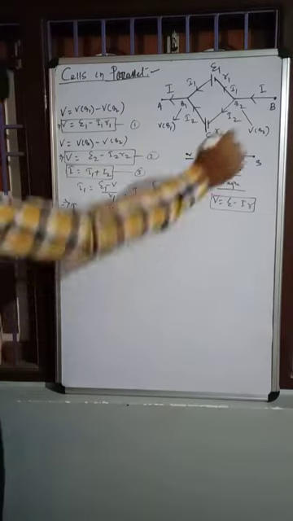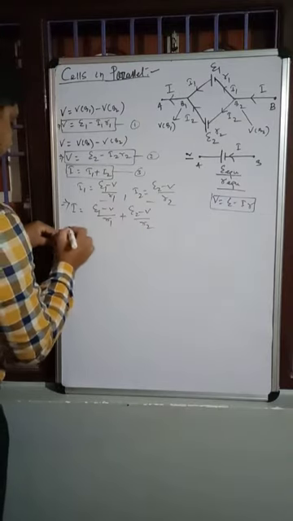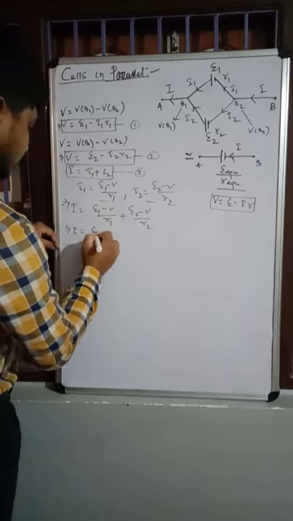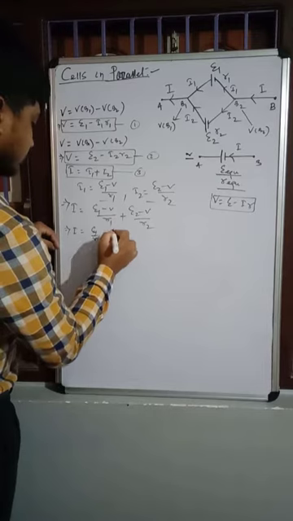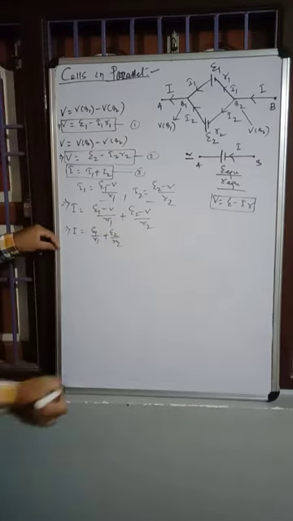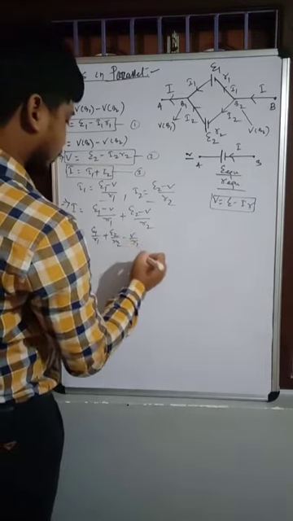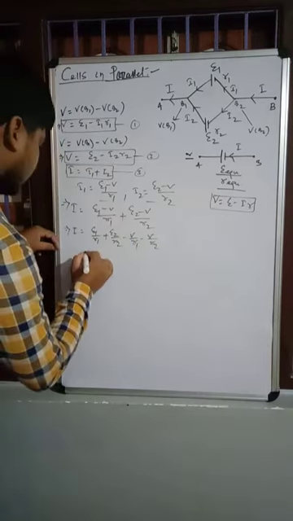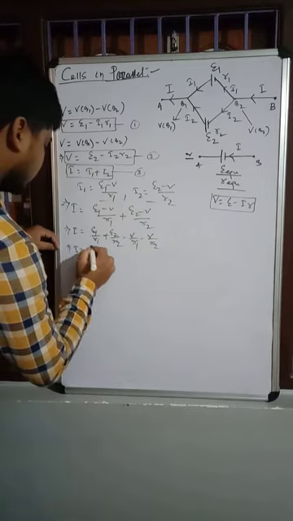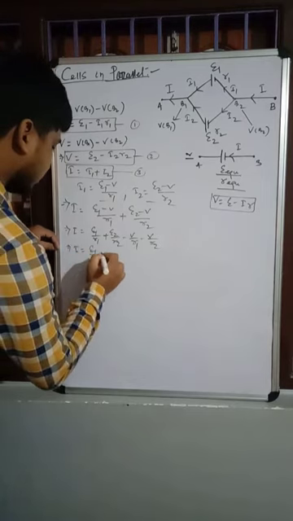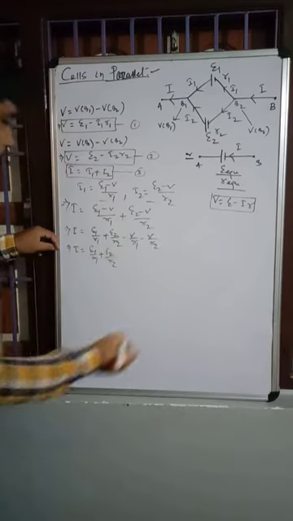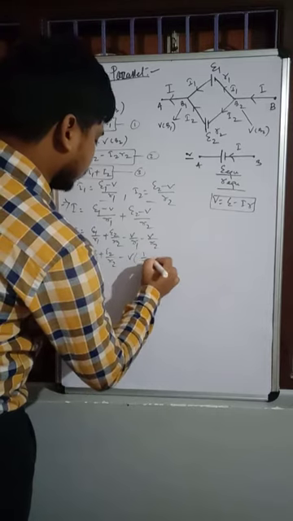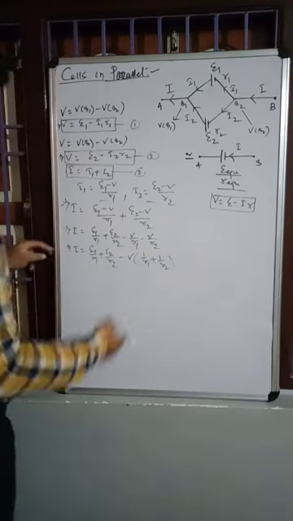Is it clear? This can be written as I equals E1 by R1 plus E2 by R2 minus V by R1 minus V by R2. Or again, I equals E1 by R1 plus E2 by R2 minus V whole into (1 by R1 plus 1 by R2).